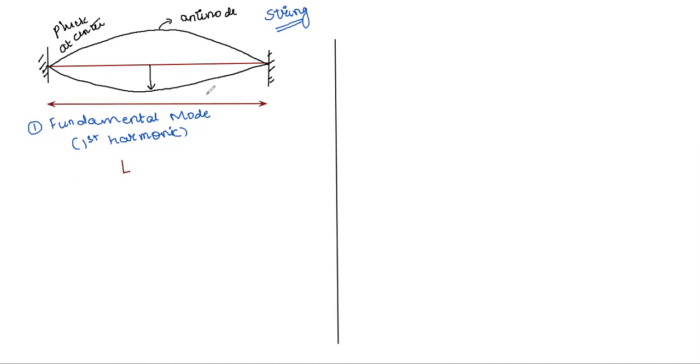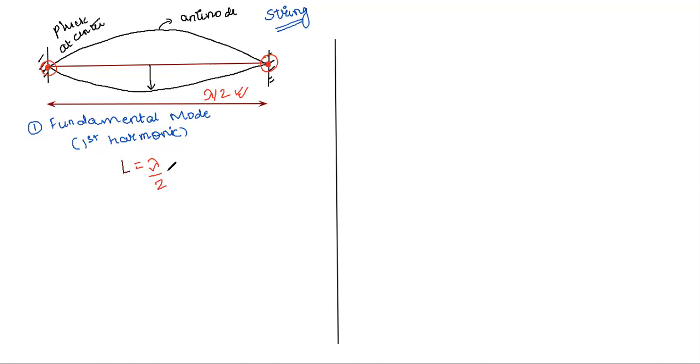Very good. See, this is a node, right? And this one is another node. So the distance between them is lambda by 2. Absolutely correct. And in this case, this distance is equal to L, right? So we have lambda by 2 is equal to L, correct? Yes, sir.